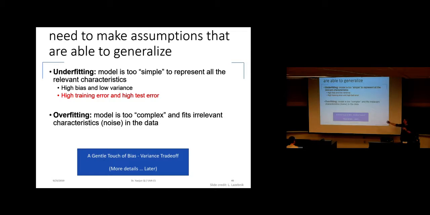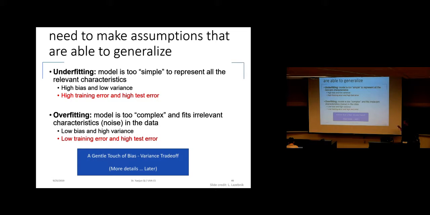The other extreme of a model that does not generalize well is overfitting, which normally means the model is too complex and it fits too much noise in the data. It's normally caused by low bias and high variance. We are going to define what we mean by bias and variance next week, but for now, just memorize it.